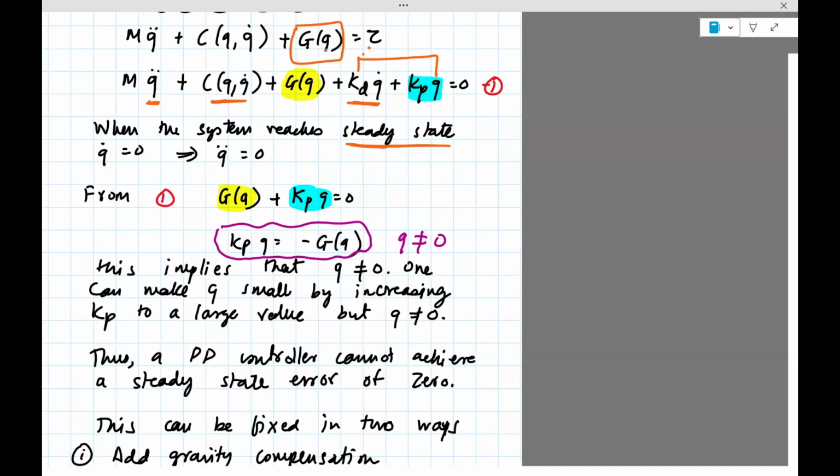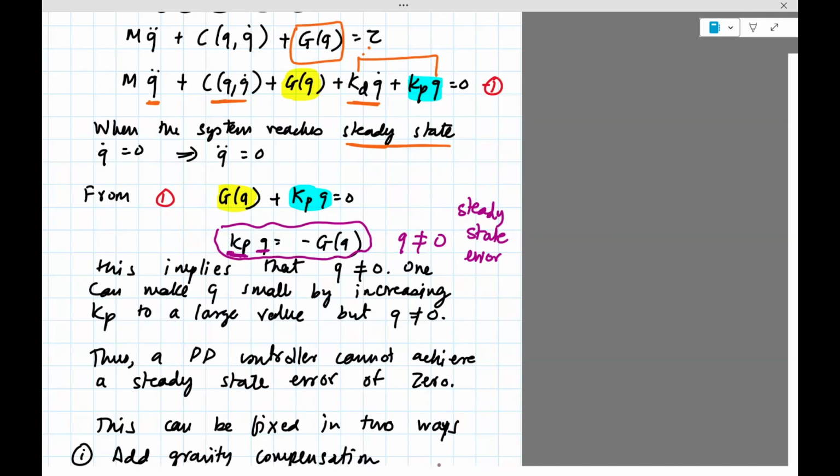If KP is a diagonal matrix, yes, you can take the inverse of KP, but you see that there's always going to be a steady state error. So the pendulum will never be at the 0 position. It will be off the 0 position because of gravity. If you keep increasing Kp, you will keep decreasing Q, because this product should be minus G of Q. But no matter how big you make Kp, there'll always be a steady state error. That's the thing.